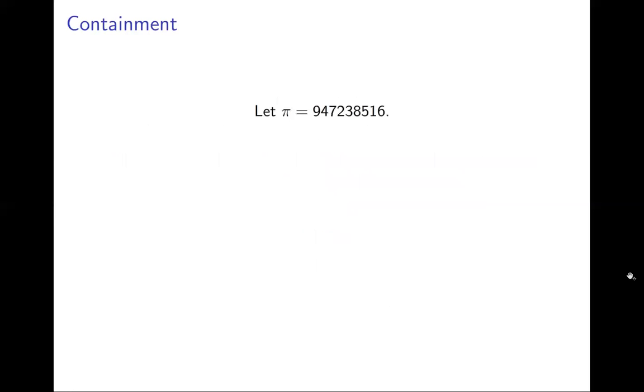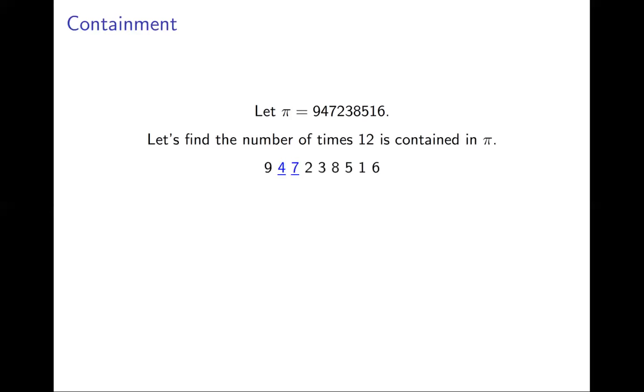Okay, now let's say that we have this length 9 permutation. Like before, we want to find the number of times that 1, 2 is contained within pi. So we start listing out the subsequences, and eventually we'll see that 1, 2 is contained within pi 14 times.